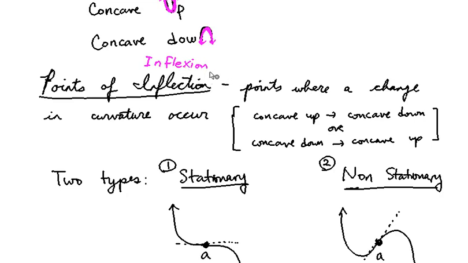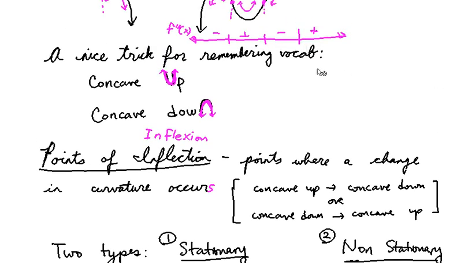Points of inflection are points where a change in curvature occurs, concave up to concave down as I move from left to right. Basically, as I read my sign diagram from left to right, am I experiencing a concave up switch to concave down? Or vice versa, concave down to concave up.